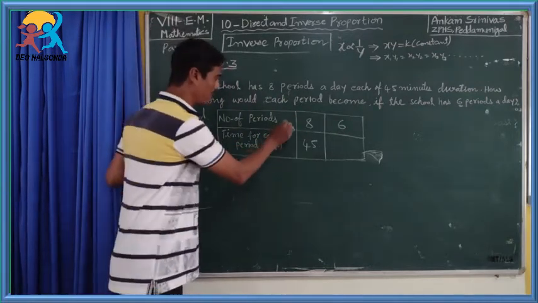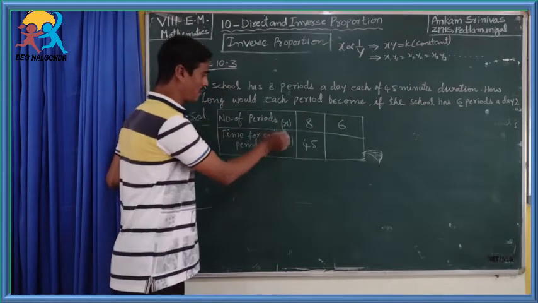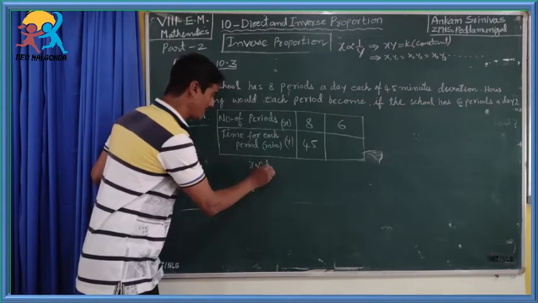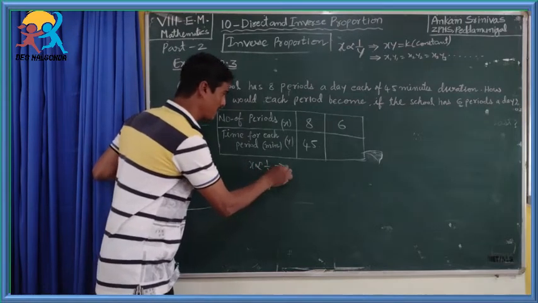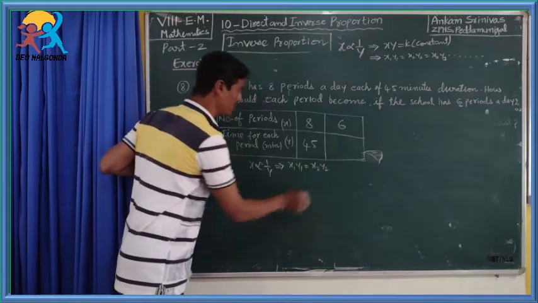So these two quantities are inversely proportional. If two quantities are inversely proportional, we know that the products are equal: x1 y1 equals x2 y2.